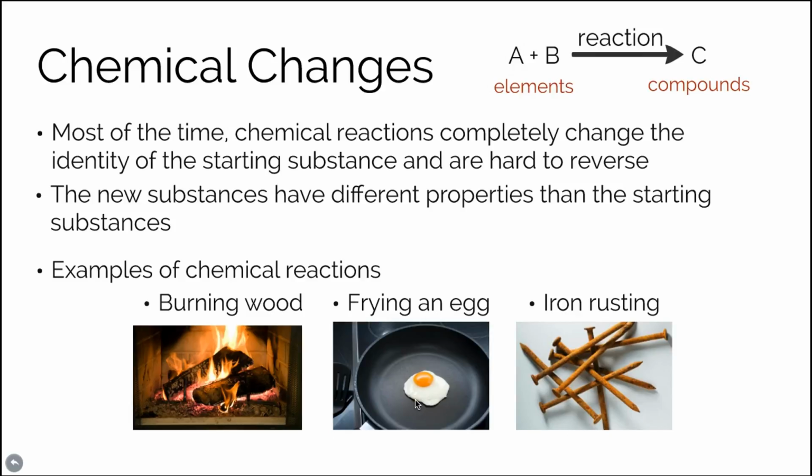You can't uncook food. You can't go back to your raw product. And for iron rusting, iron is a magnetic metal, but once it becomes rust, even if you were to shave off all that rust, that iron nail will no longer be magnetic because it's all rusted out.